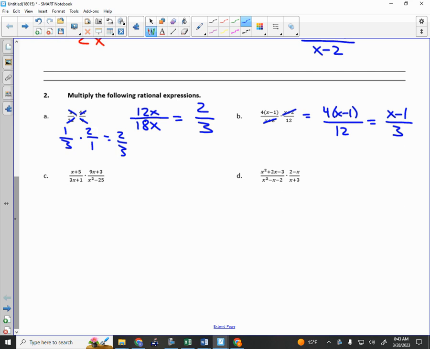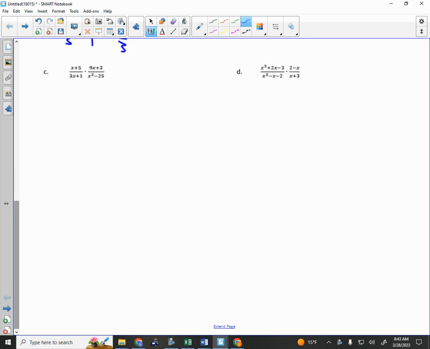But before you start reducing, you need to make sure that you have things factored. X plus 5 does not factor. 3x plus 1 does not factor. What can you factor out of 9x plus 3? So factor out your 3, and you're left with 3x plus 1. What does x squared minus 25 factor to?